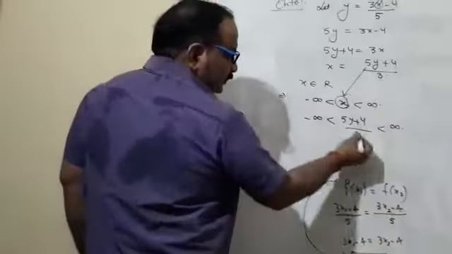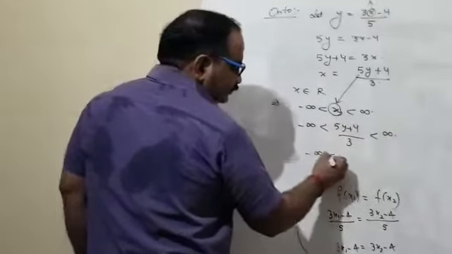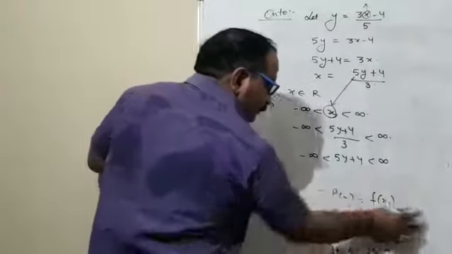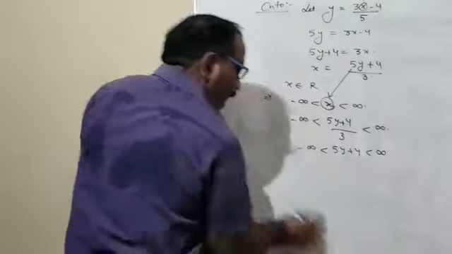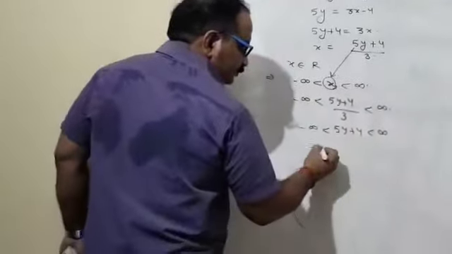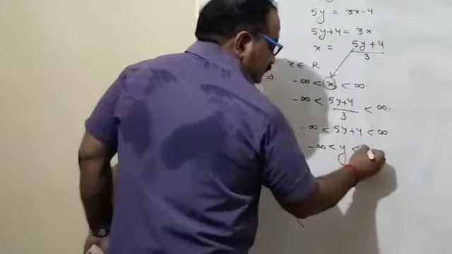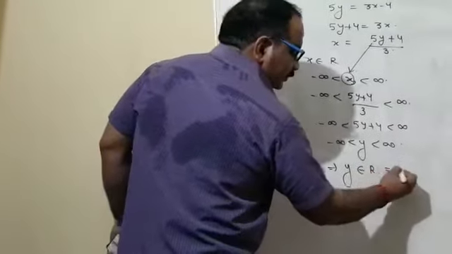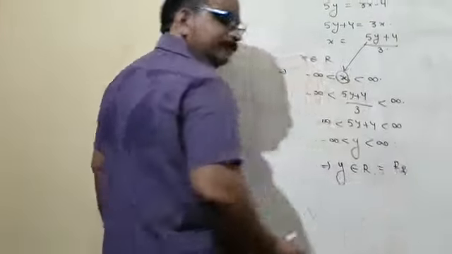Now further, 3 can be multiplied, so minus infinity less than 5y plus 4 less than infinity. And now the y portion: y is less than infinity, and that is y belongs to the real numbers. This is the range of the function.